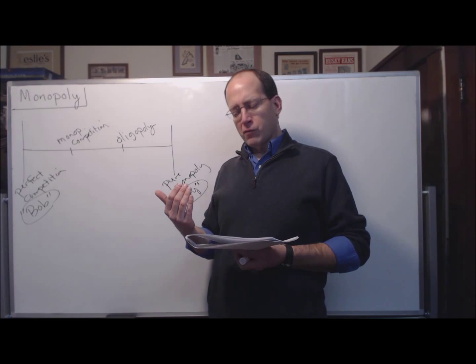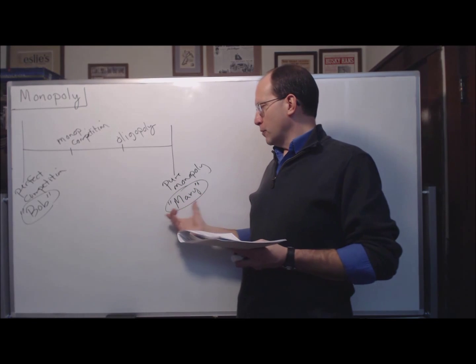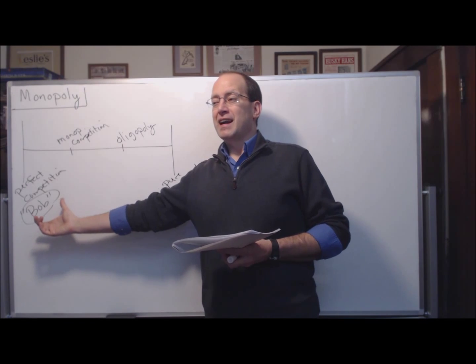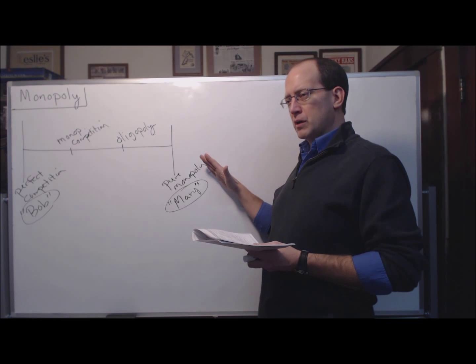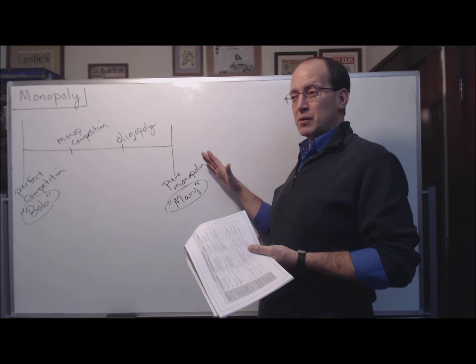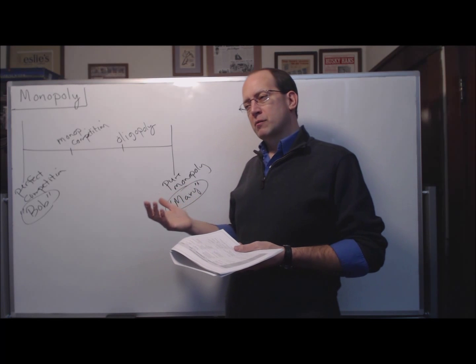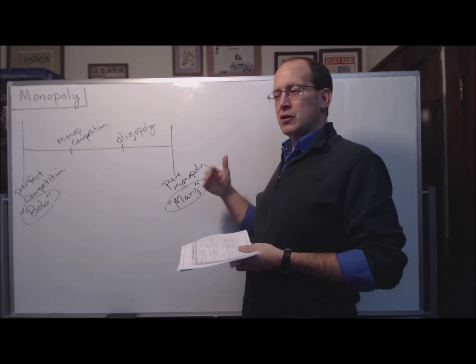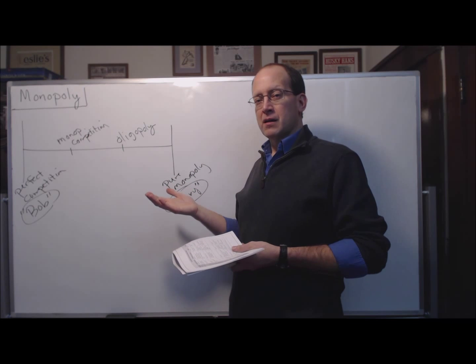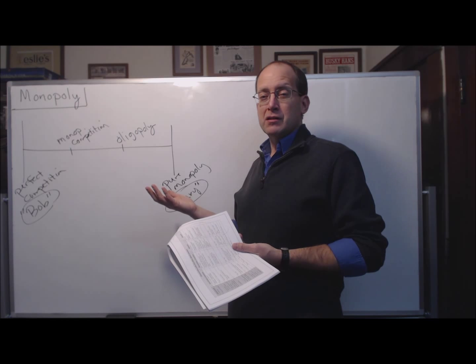In terms of the demand curve, we're going to see in a second that for Bob, the demand was perfectly elastic, but for Mary, it's not. Mary's going to actually face the downward sloping market demand curve because she's the only player. And her demand curve is going to be pretty darn inelastic, pretty darn steep. So if she raises her price, she's not going to lose many sales because there aren't many good substitutes, right?